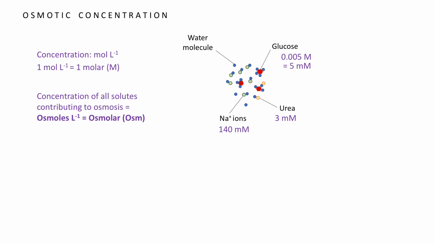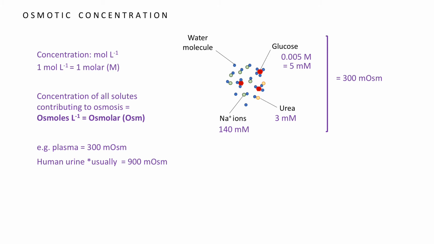So in our example, if we consider them all together, we can consider the osmotic effect of all of those solutes. We might express that as 300 milliosmolar. That is the osmotic impact of our solution here. This is a convenient example because plasma actually has an osmotic concentration of about 300 milliosmolar.